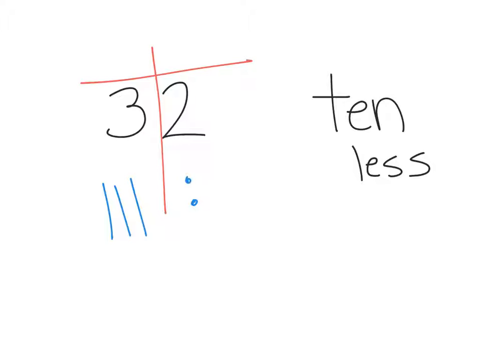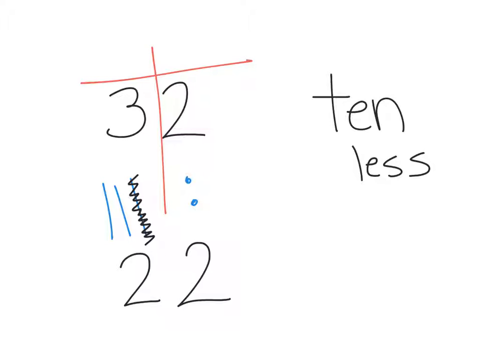All that means is if you got rid of one of the tens, if you took a 10 away, if you subtracted a 10, what number would you have left? So all you have to do is look at what it would look like if it had one less 10. It no longer would be 3 tens and 2 ones. It would be 2 tens and 2 ones. And your new number would be 22.